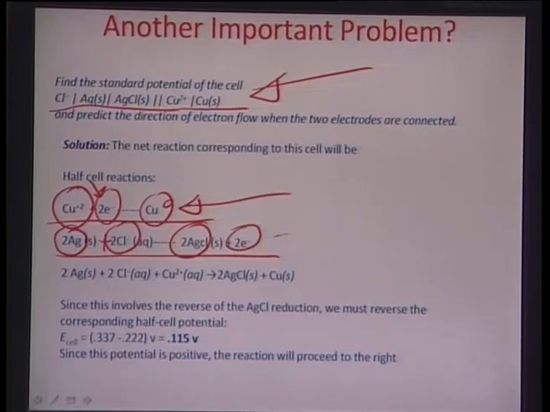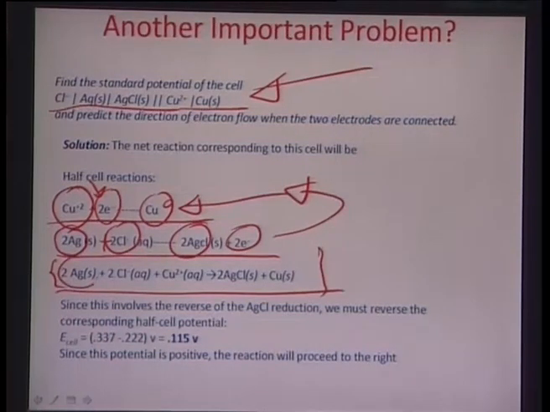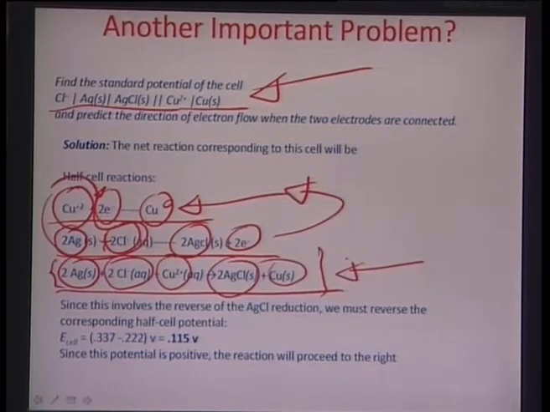So, these two coupled together would formulate a redox reaction wherein twice silver plus twice Cl minus plus Cu2 plus, right, especially these 3 would react to give 2 AgCl and Cu. So, this is essentially the cell reaction that would happen.